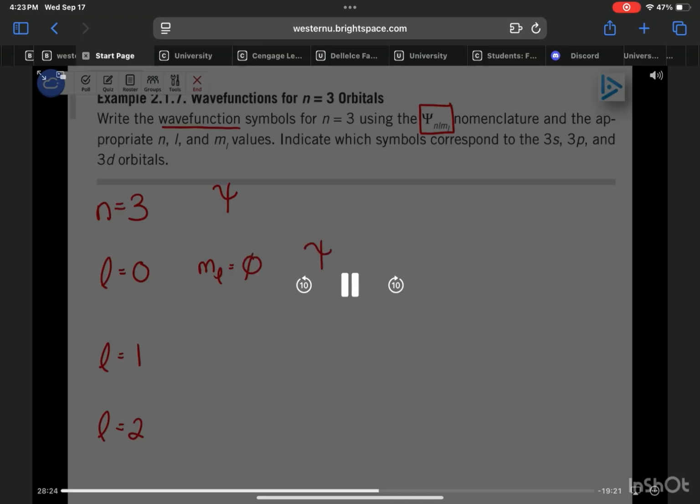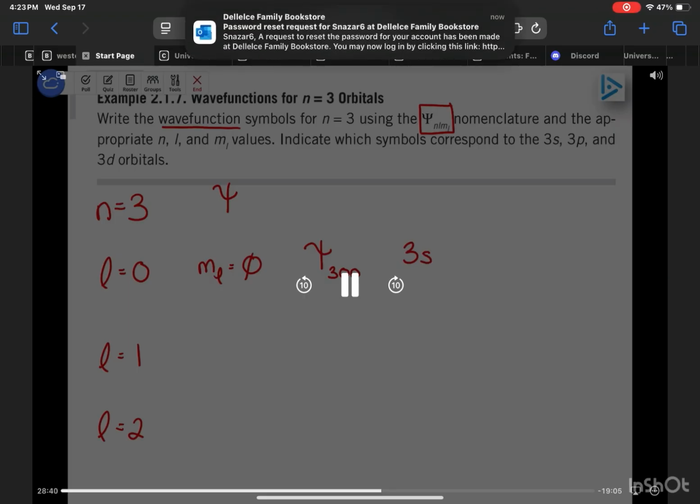So the wave function that we have using the n, L, ML nomenclature is 3, 0, 0. That's the way that we can talk about this orbital, and that means we're talking about the 3s orbital.